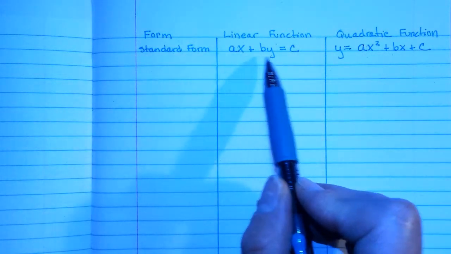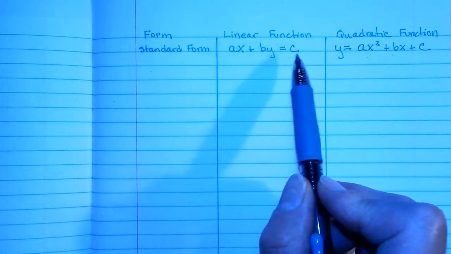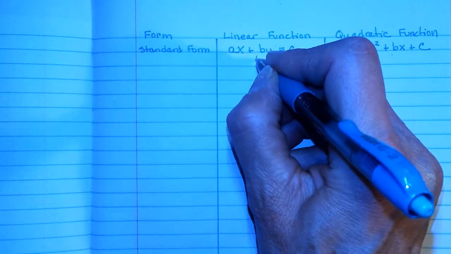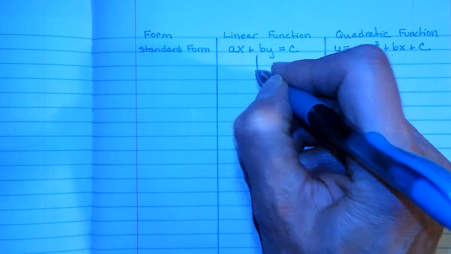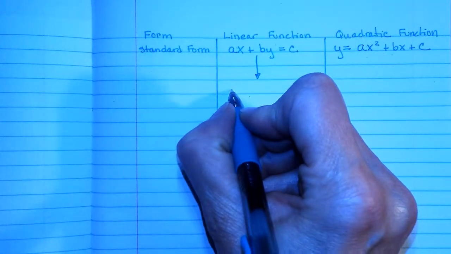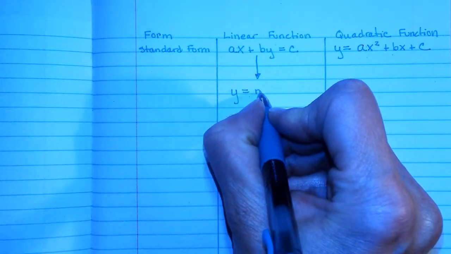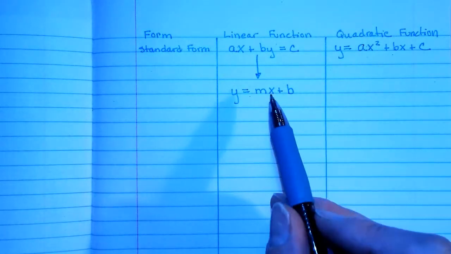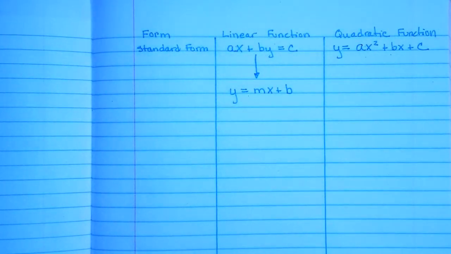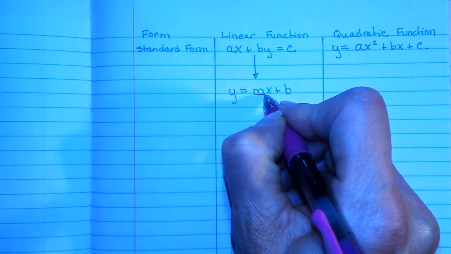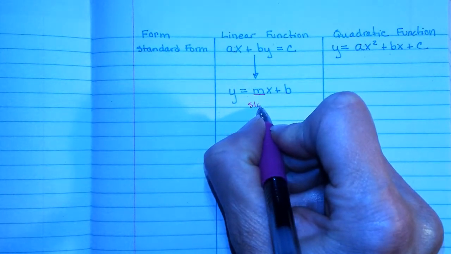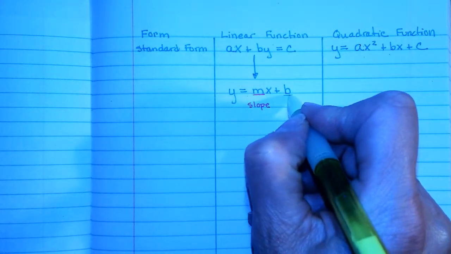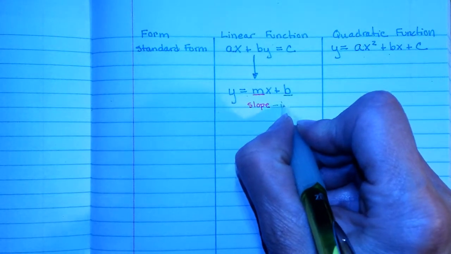So with our linear function, we're not that used to using it in this form. So usually this here, we do a little bit of math, it gets rewritten to be y equals mx plus b. So we know this as m being our slope and b being our intercept.